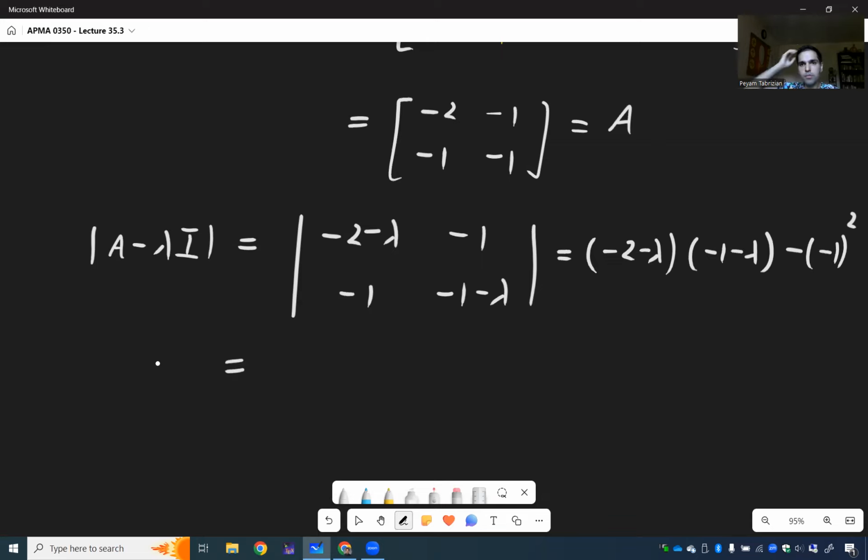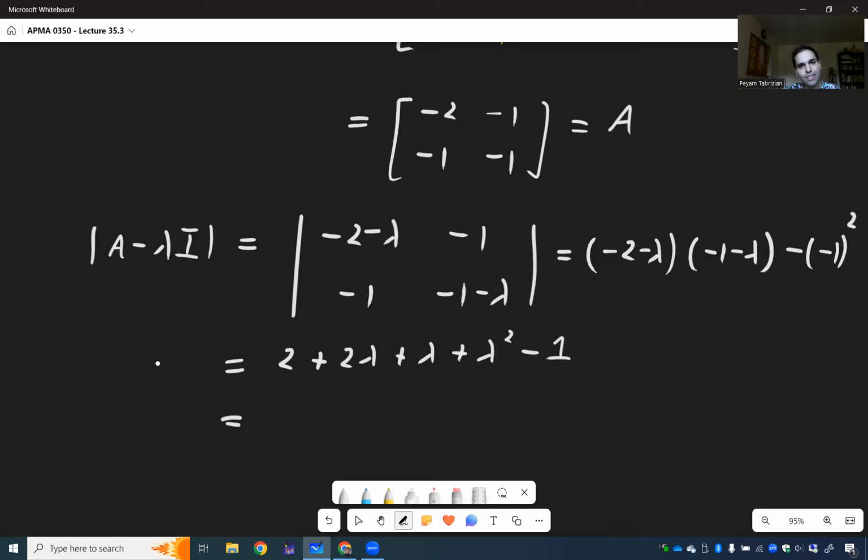So this becomes 2 plus 2 lambda plus lambda squared minus 1.